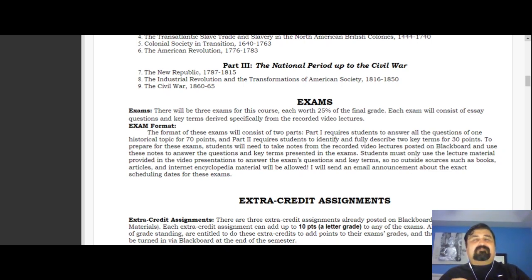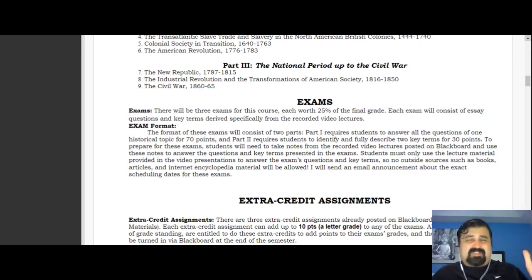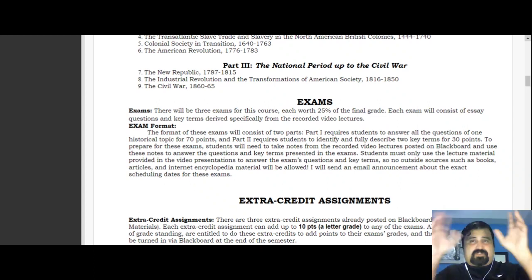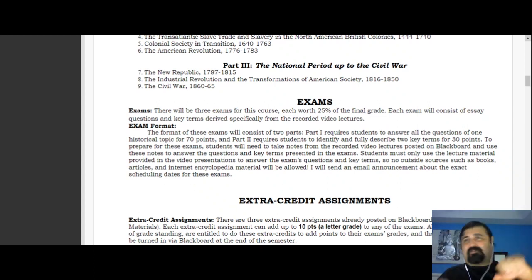The exams are mainly based on answering questions and identifying and describing very fully some key terms. It's not like writing an essay in English class, where you have to have the structure of topic paragraph, thesis statement and arguments.